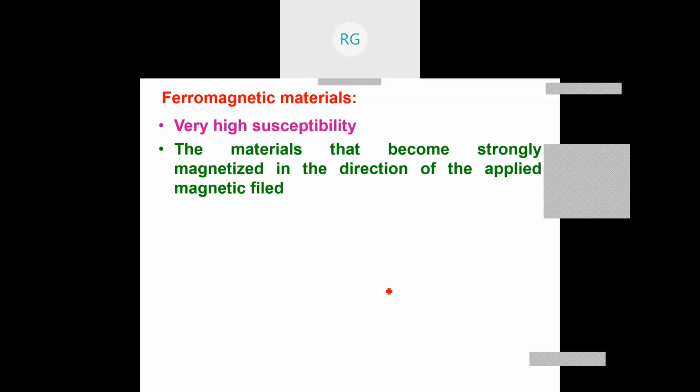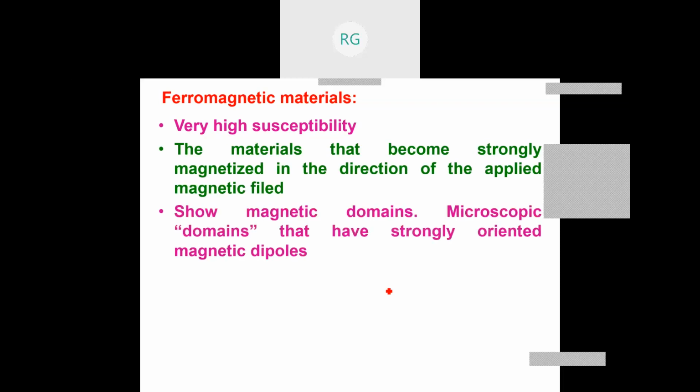This is because their property is that they have magnetic moments aligned in a particular direction, and therefore they are strongly magnetized. And they show magnetic domains. What are these magnetic domains and why are the dipole moments strongly oriented? We have to see it.